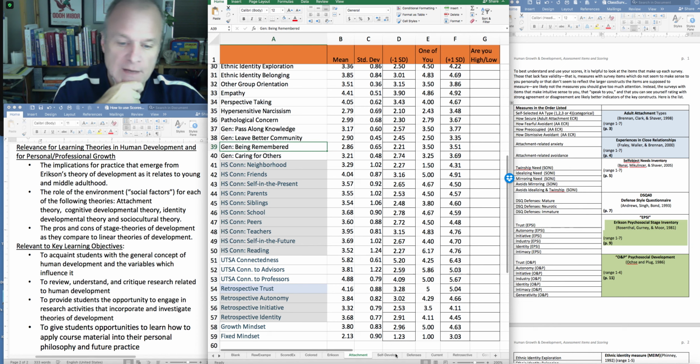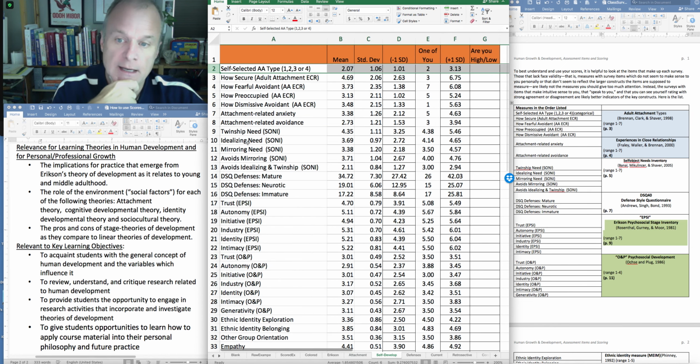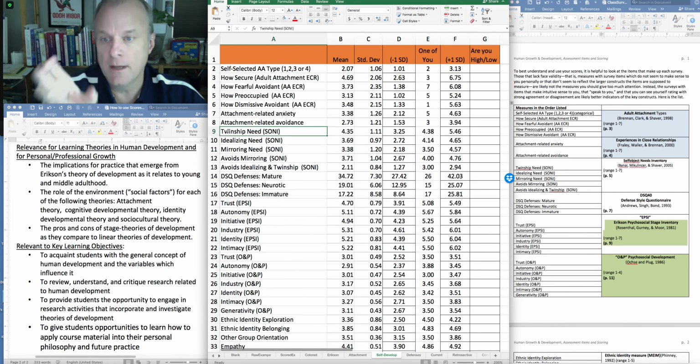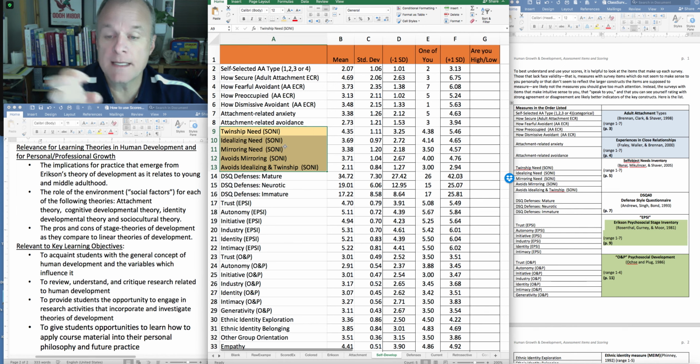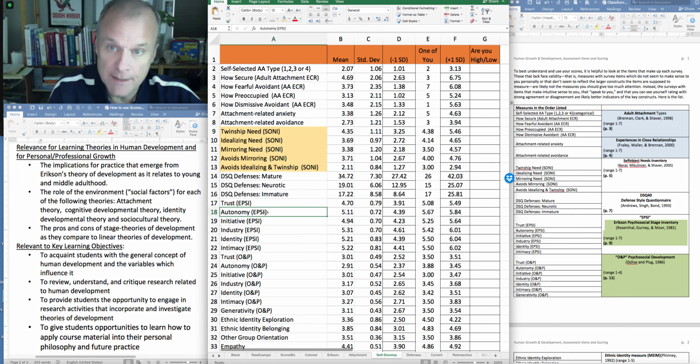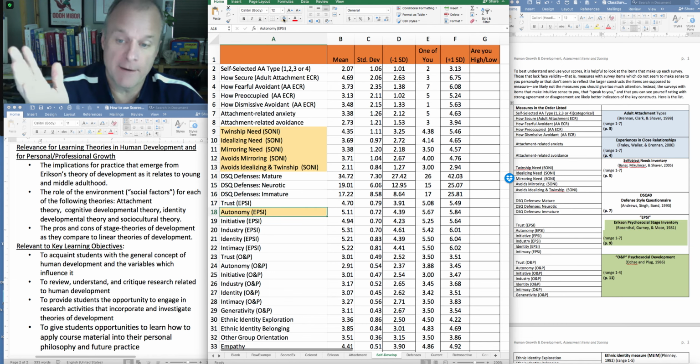Let's go to self-development. The self-development theories are largely measured by the SONI scale, self-object needs inventory. I'm going to do that purple. I don't really get purple, do I? Let's see. I'll do yellow. Okay. So autonomy is the period when the self is developing, it's differentiating from the parent, right?